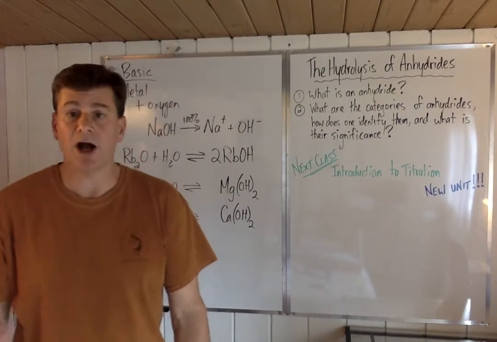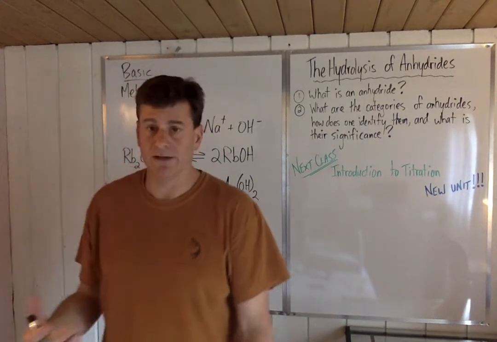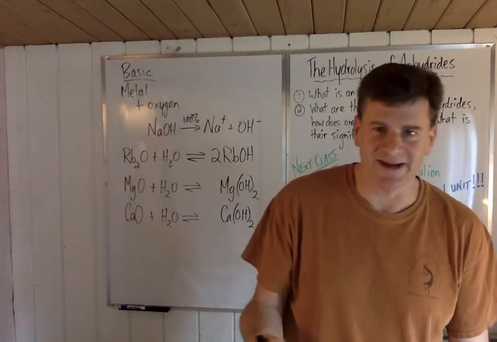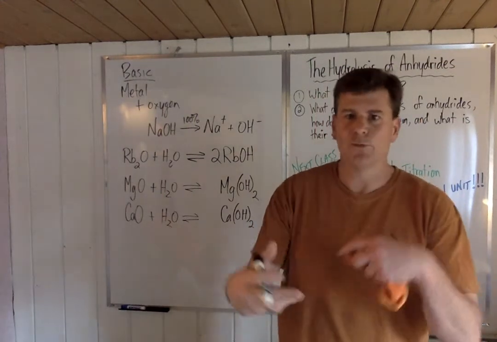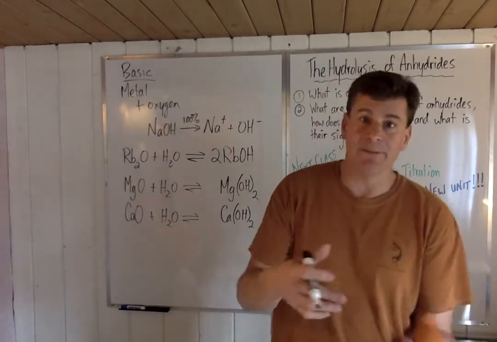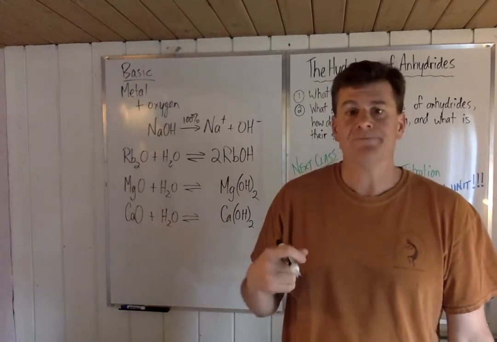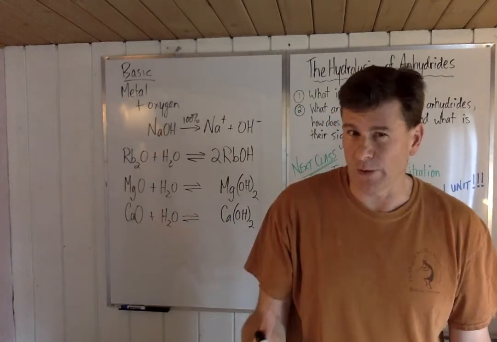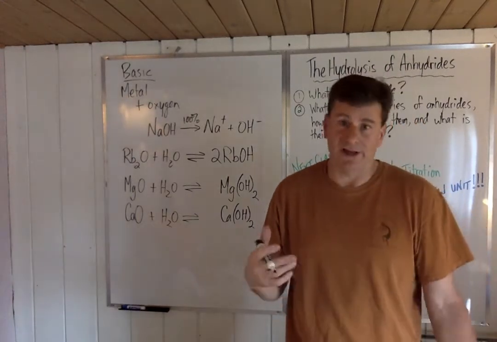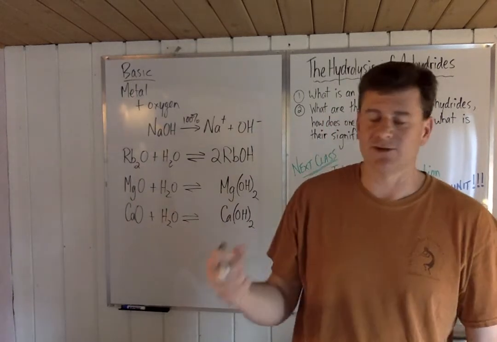If you make sodium oxide and you take the white powder that sodium oxide is and you dump it into water and kind of swirl it around, it doesn't actually dissolve super well. Oxides are not very soluble. I know sodium is a soluble thing, but it's not super soluble.